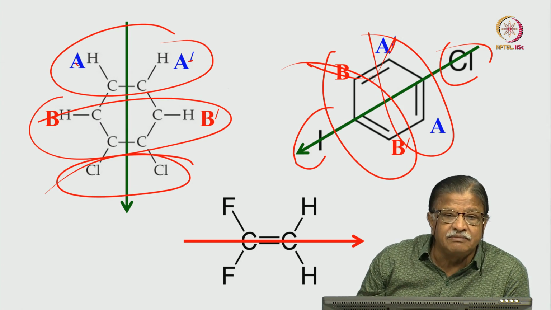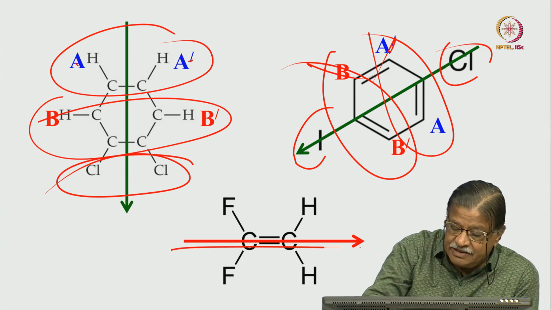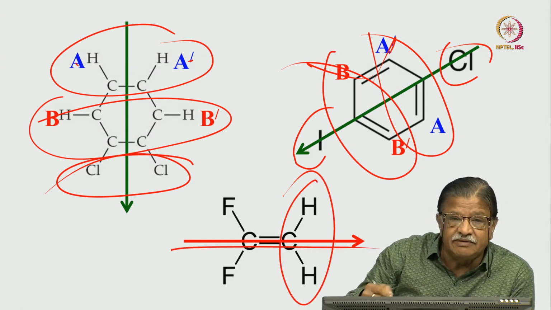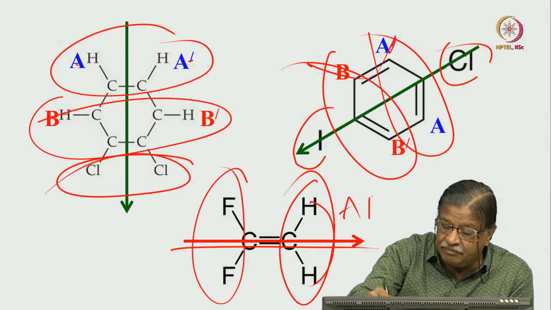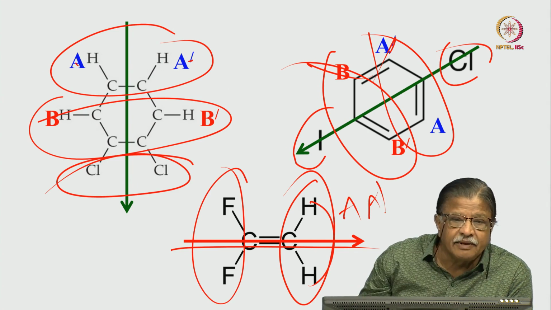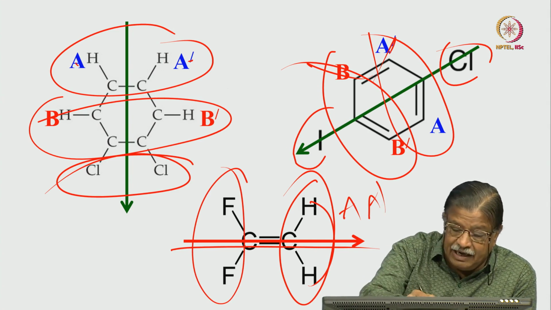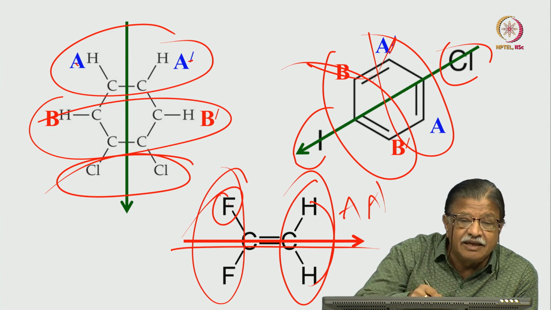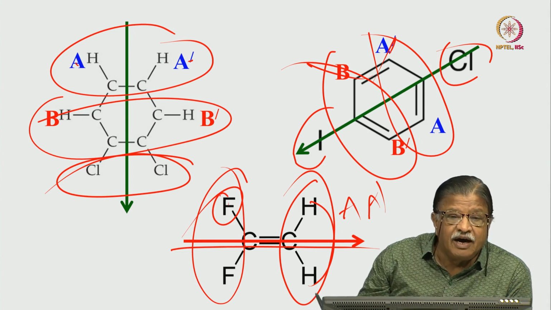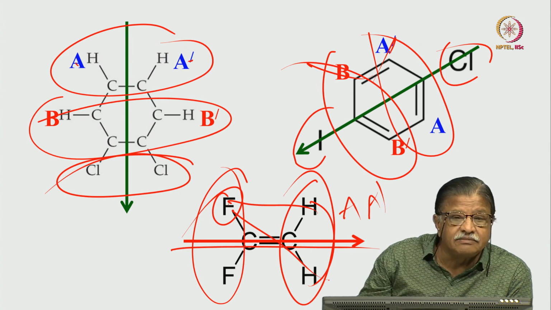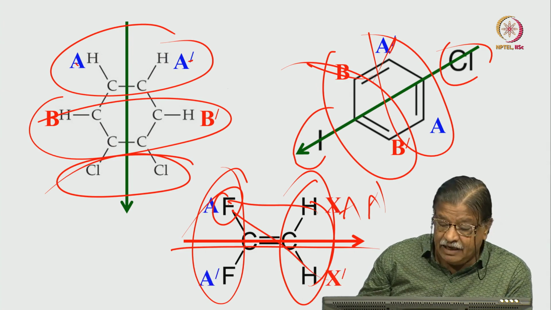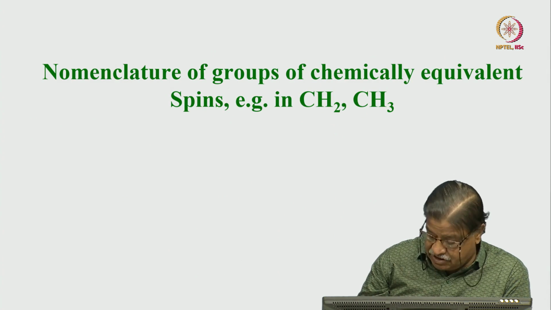What about this one? There is a symmetry axis, these 2 protons are equivalent, these 2 protons are equivalent, I call it A prime. And these 2 fluorines are chemically equivalent, but this coupling and this coupling are different. So, I call it A prime XX prime spin system.